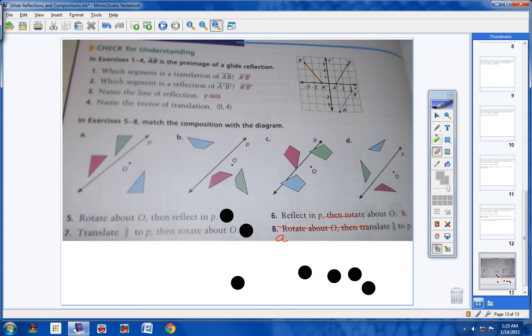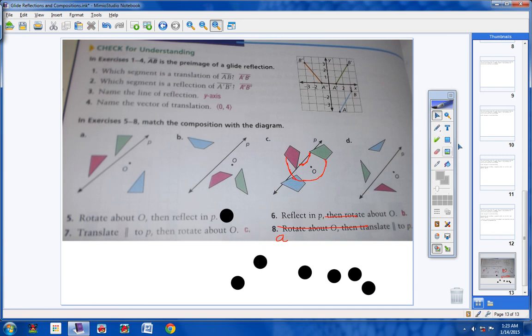So you took the blue object here and you slid it up to here. Then you took this and you rotated it around O to here. So it's a rotation. So we had a translation and then a rotation. So letter C goes here.